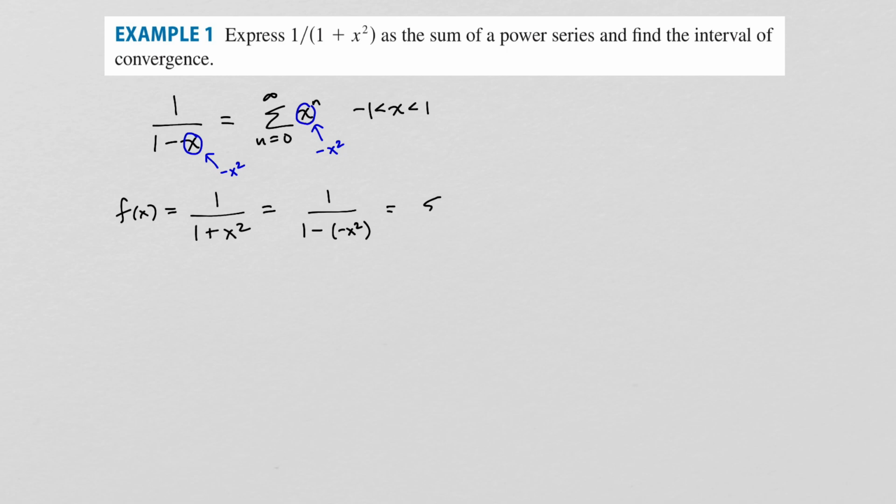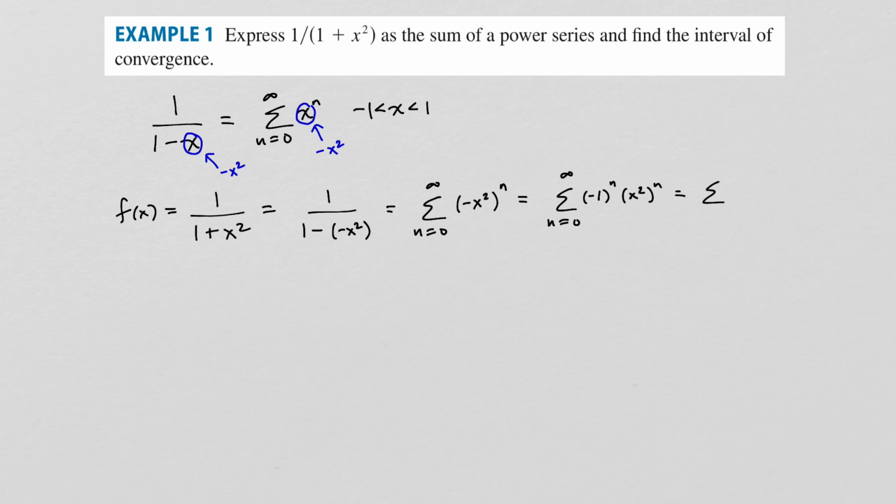The series will become the sum, n equals 0 to infinity, of negative x squared quantity to the n. And this is the same as the sum, n equals 0 to infinity, of negative 1 to the n times x squared to the n.